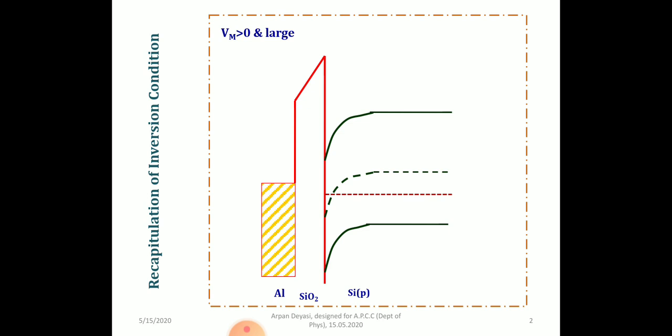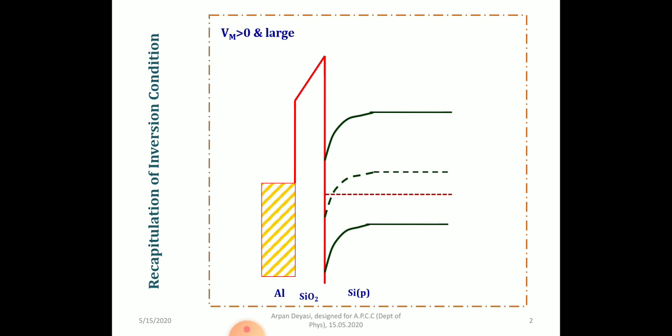Now we know that our convention is that the extrinsic Fermi level remains constant throughout a particular material. So in order to reduce the distance, we have to bend the conduction band downwards. And if we bend the conduction band downwards as shown in the figure, then the valence band will bend downwards, and the intrinsic Fermi level will also bend downwards.